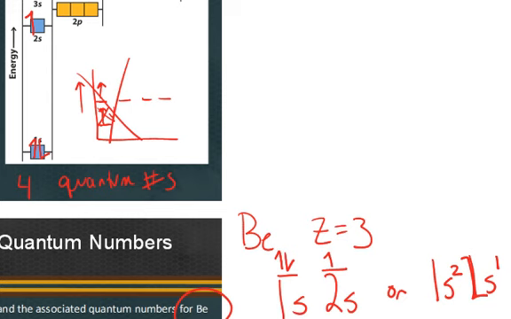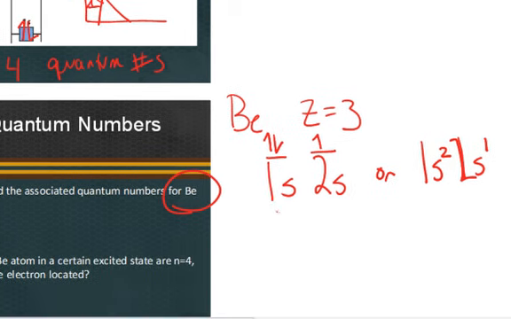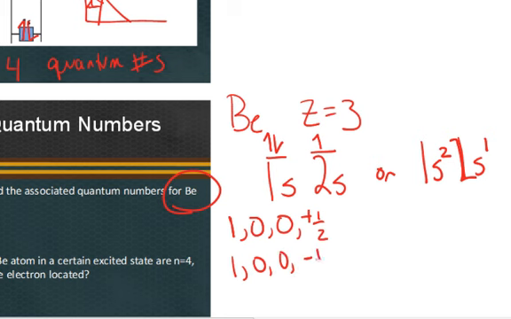Either one of these would be electron configuration orbital notation. And then if we want to write the associated quantum numbers for this orbital notation, for the 1s, the quantum numbers would be 1, 0, 0, and for one of the electrons the spin would be plus 1/2, and for the other electron it would be 1, 0, 0, minus 1/2.